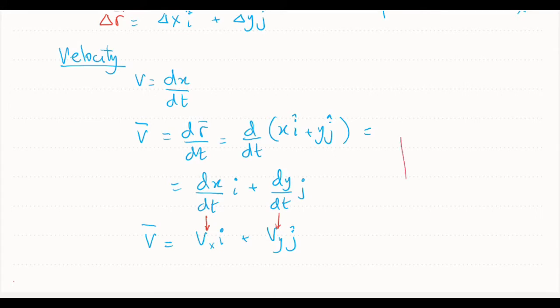If we draw the velocity vector on the xy plane, let's say the particle is here and at this instant is going in this direction, then it will have 2 components, a vx i and a vy j. So the velocity has two components, and we can find them using this equation.